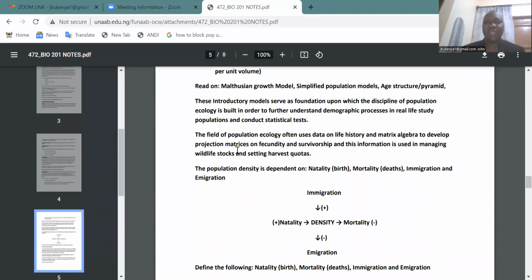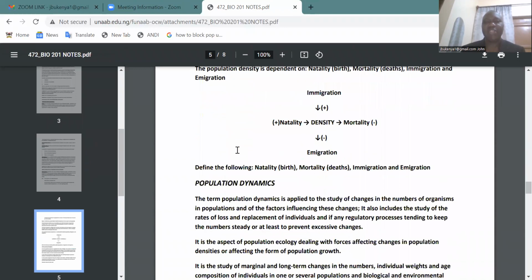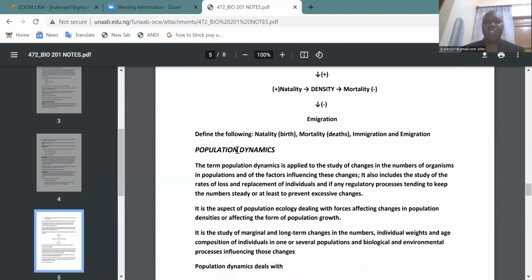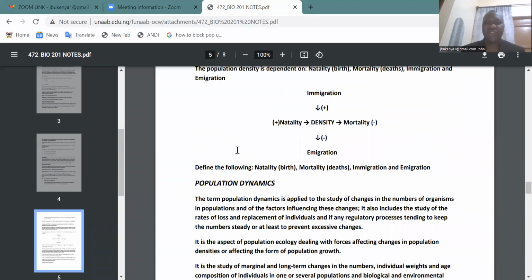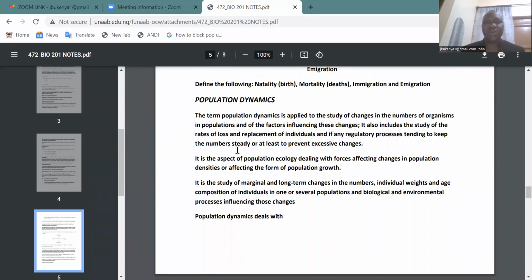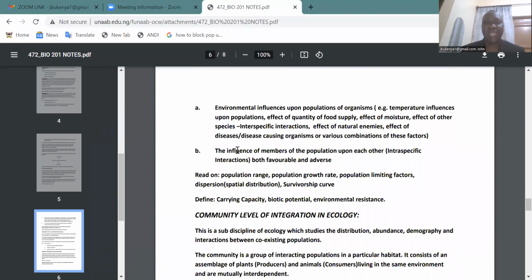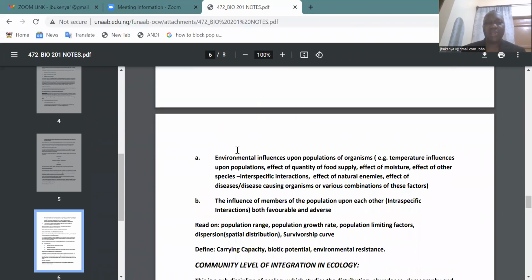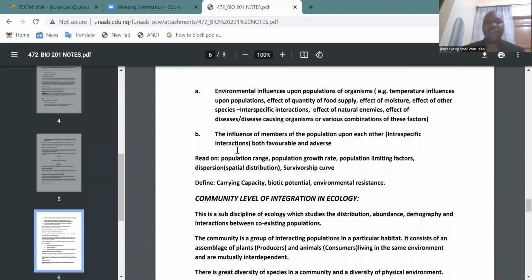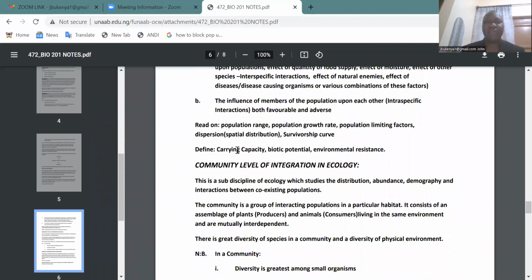For today, I will encourage you to go and read about organismal ecology and population ecology, focusing on population dynamics and how the population size is controlled.